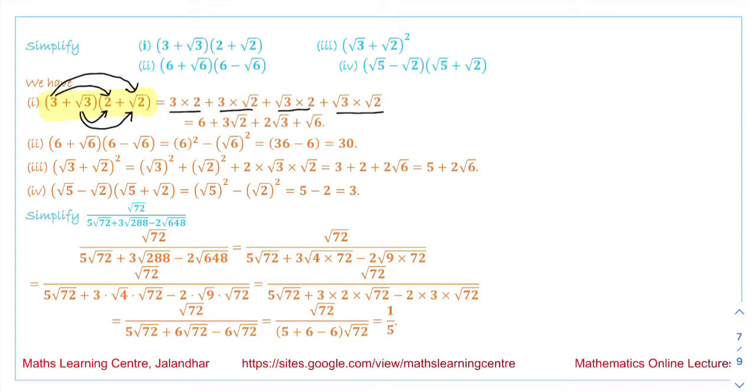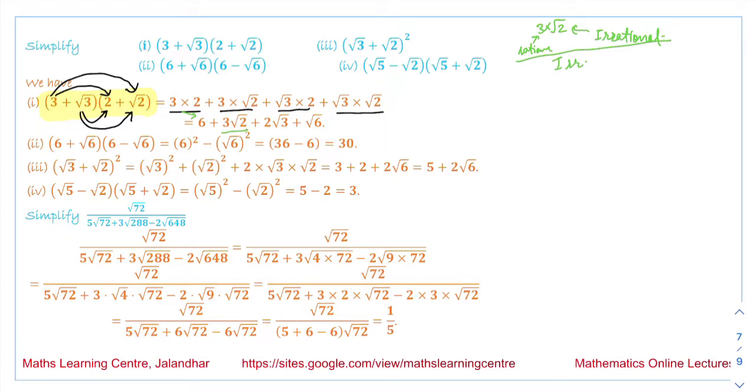The answers we are getting: for the first, 3 2s are 6. For 3 and square root 2, we write 3 and square root 2. Here 3 is a rational number, square root 2 is an irrational number, and their product is an irrational number. The answer we write is 3 square root 2.